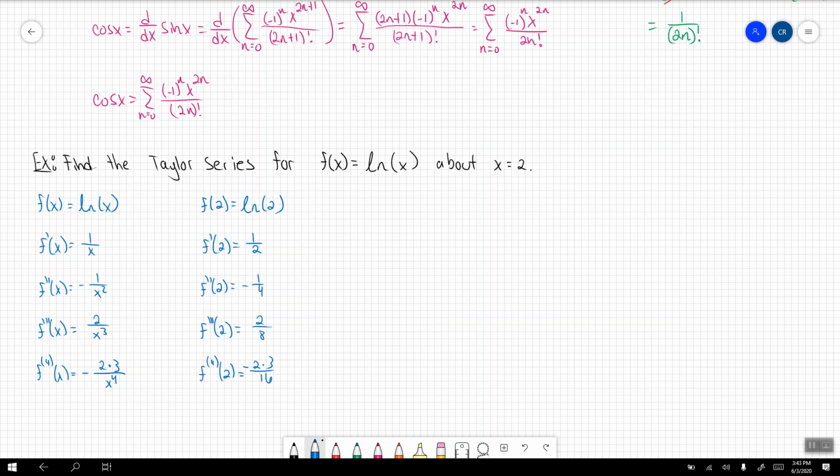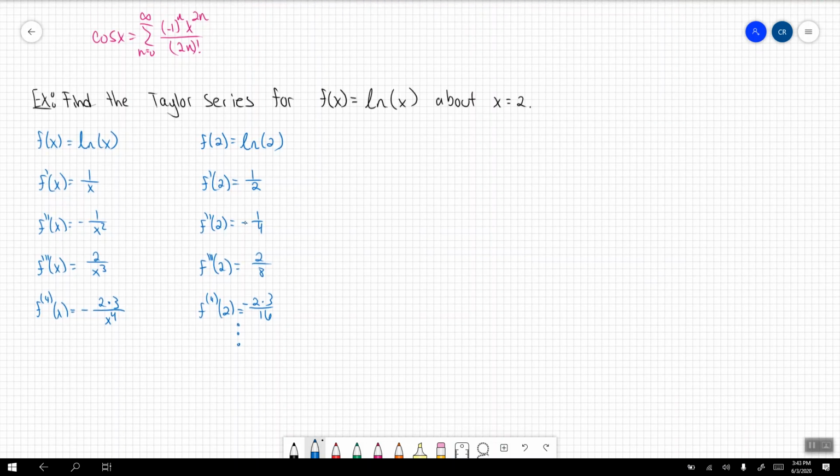So let's try to extract what's happening here, derivative-wise. I see that we have an alternating sequence going on, so that's exactly what I'm going to account for. First evaluation, positive. Second evaluation, positive. Third evaluation, negative. Fourth one, positive. Next one, negative.